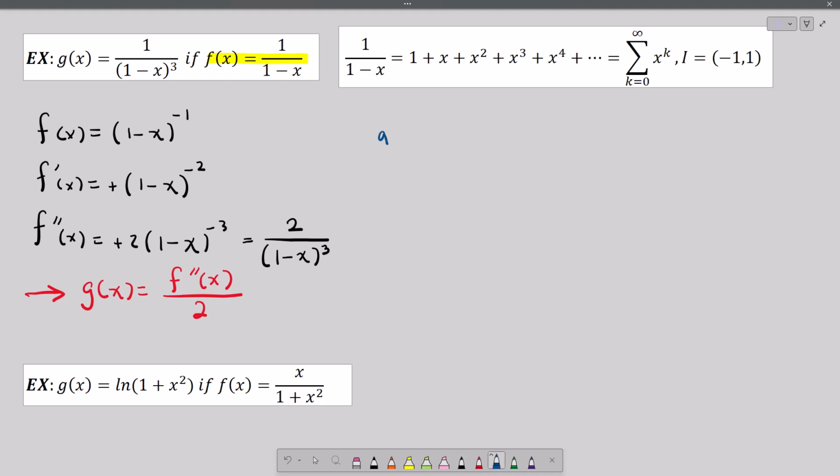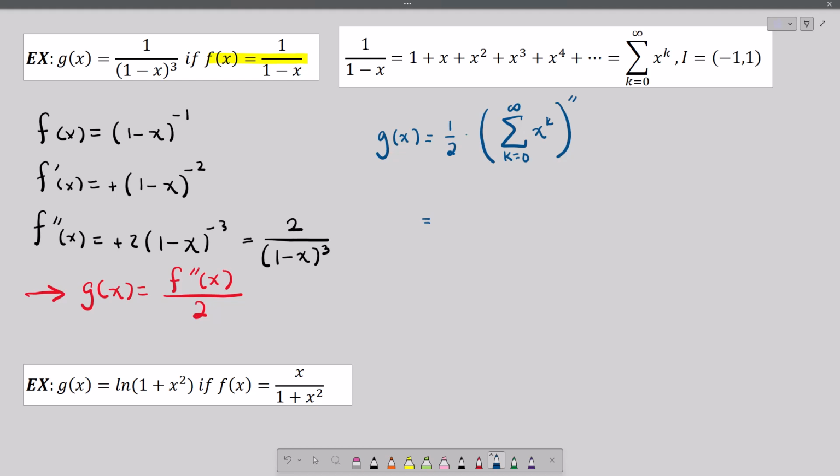We're going to say g of x is going to be 1/2 multiplied by the second derivative of this power series. Second derivative of that power series. Okay?